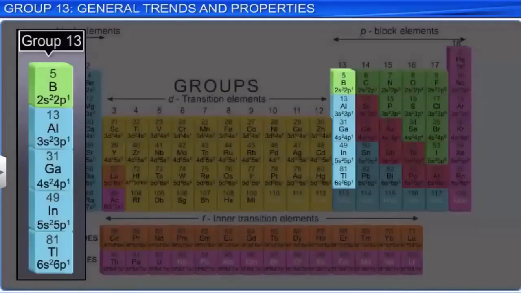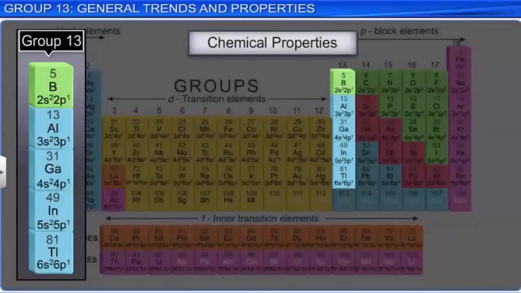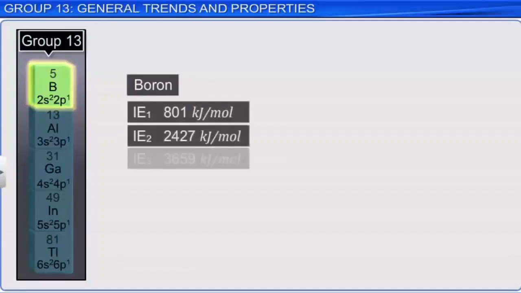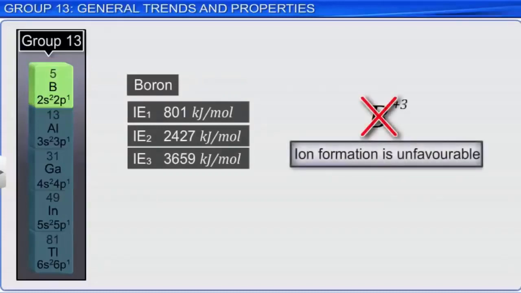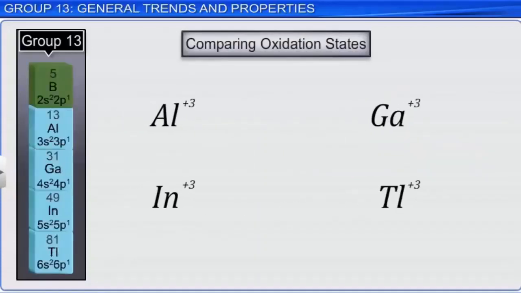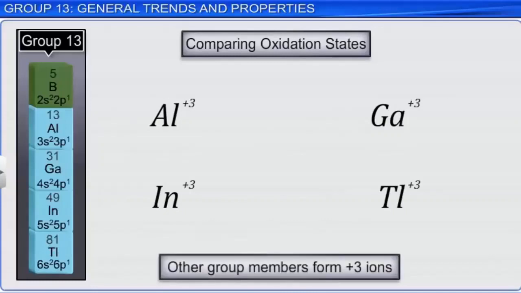Let's turn our attention to the chemical properties of the elements in group 13. With its small size and the high sum of its first 3 ionization energies, boron forms only covalent compounds. The formation of a +3 ion is unfavorable. The other members of the family, which are all metals, form +3 cations.